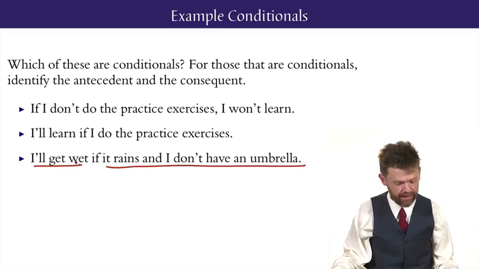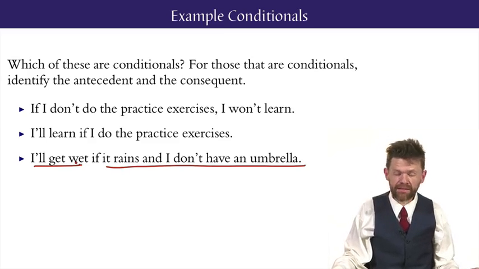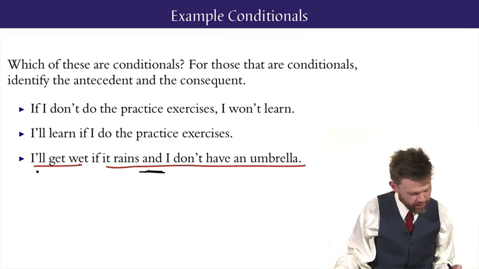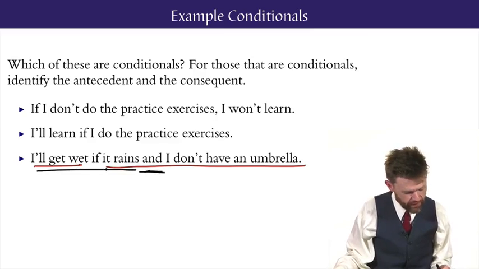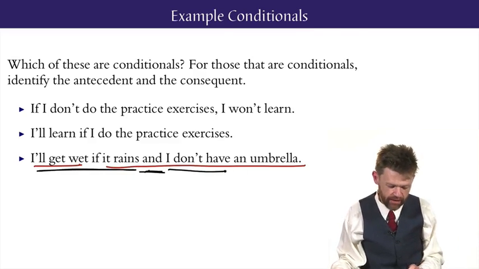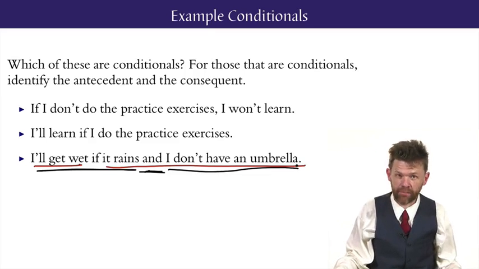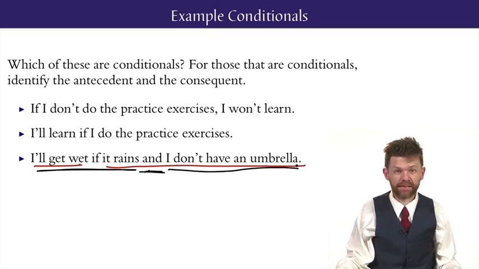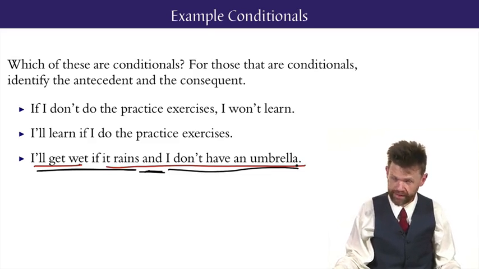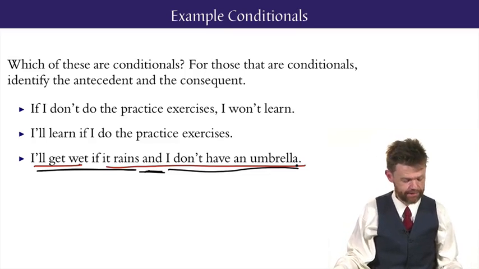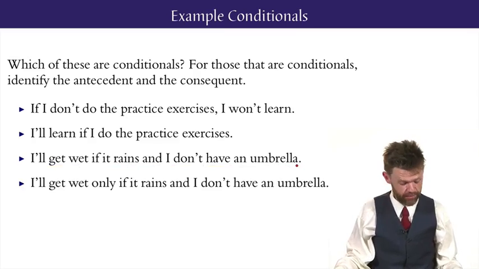But another thing that you could say is that it is an and statement where the first part is I'll get wet if it rains, and the second part, the second conjunct, is the conjunct I don't have an umbrella. In this case, the sentence is ambiguous between two different readings. And we'll say a little bit more about ambiguity in an upcoming lesson. Another statement is I'll get wet only if it rains, and I don't have an umbrella.